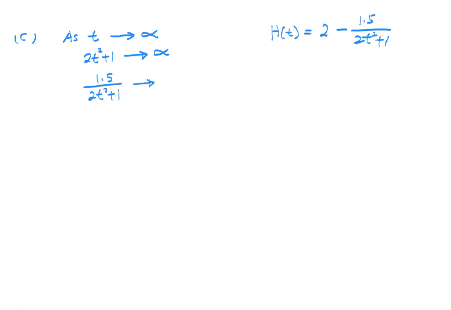Huh? You don't know this one. Try not to answer me by saying, I don't know this one. Look, 2t squared plus 1 is infinity. 1.5 divided by infinity. So what is the answer? You sure?